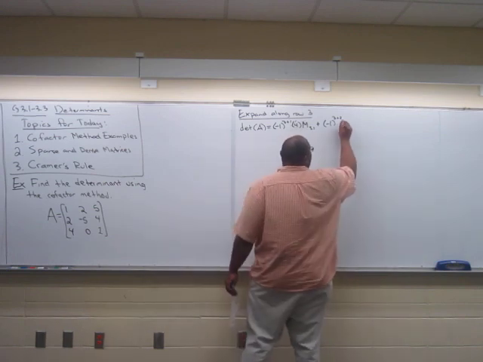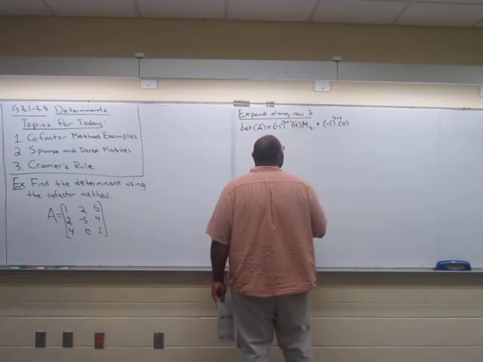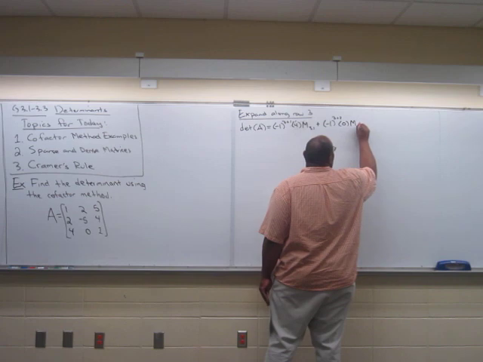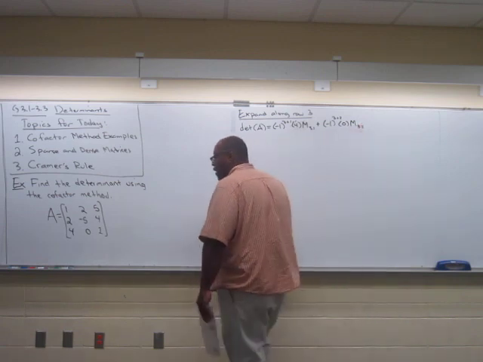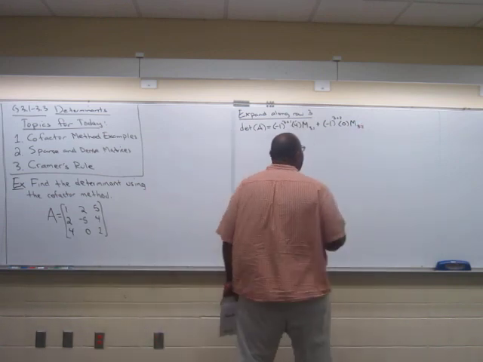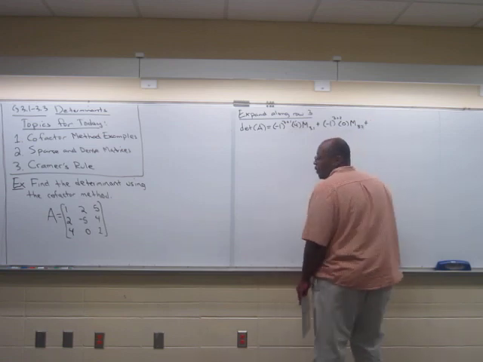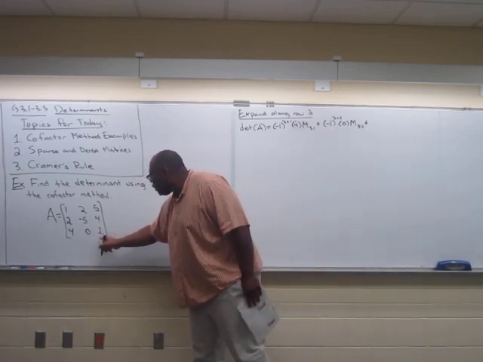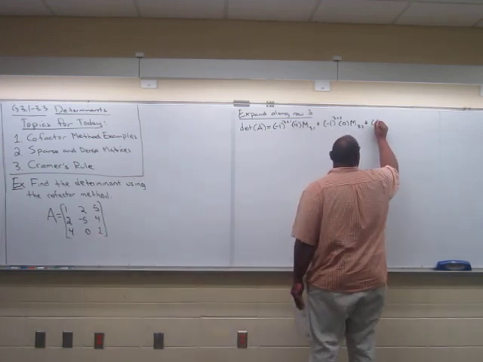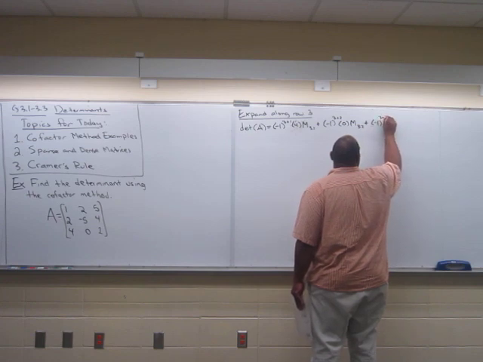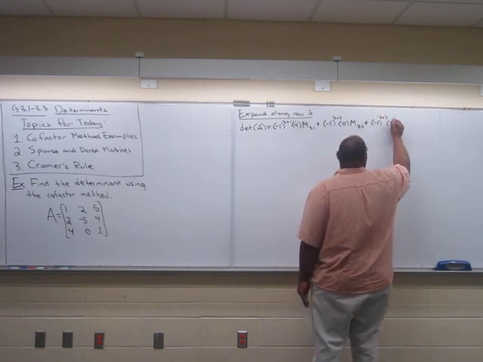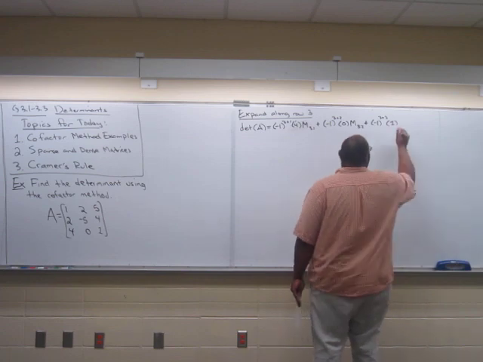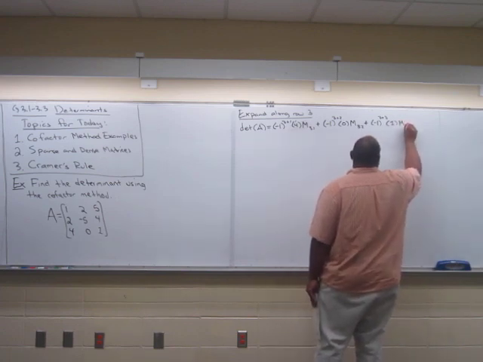Times 0. Times the minor of 0. That's 0, 3, 2. Plus the last one is 1, the third row, third column element. So it's the -1 to the 3 plus 3 times 1, my element there, times the minor at 1.